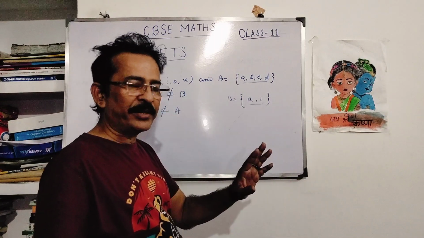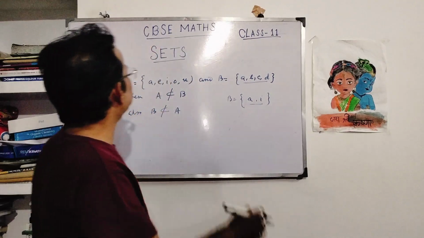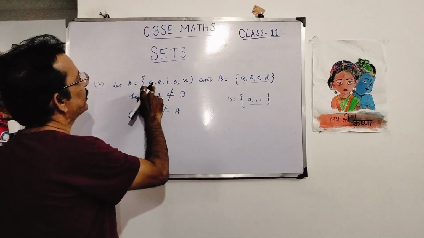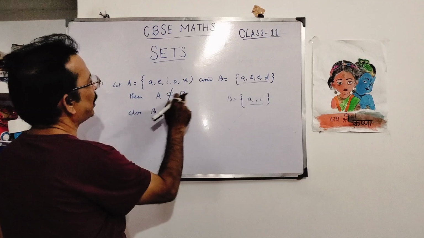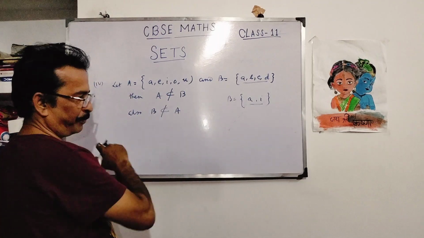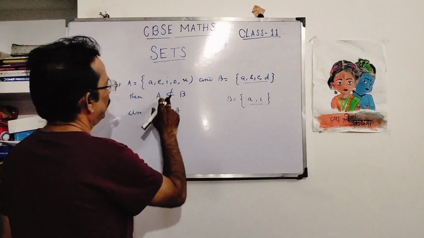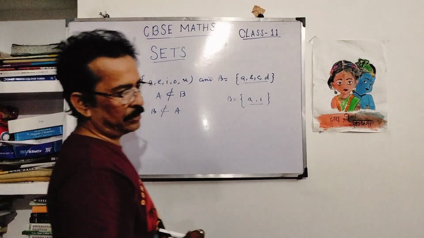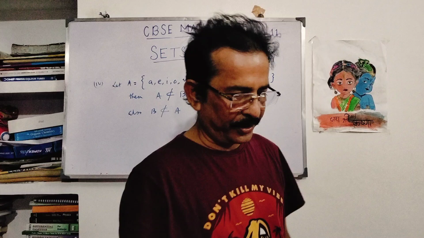Only two elements here, and both of those elements are in A. That is where it can be B subset of A. But here, there is no subset. Understood? Okay.